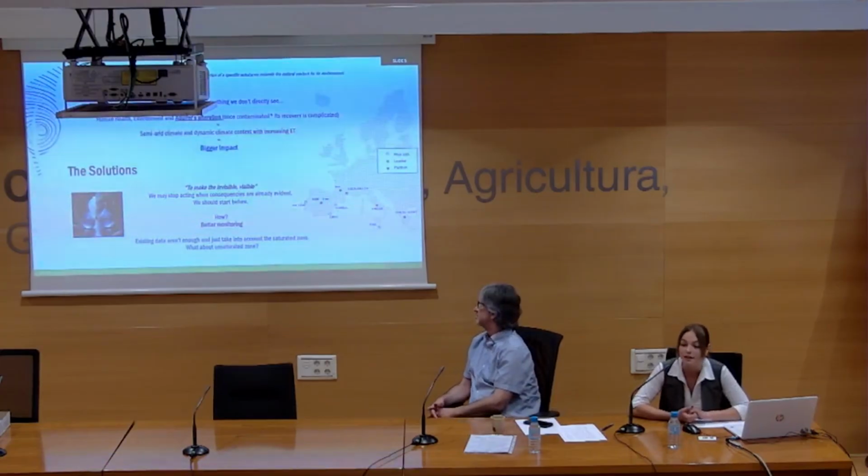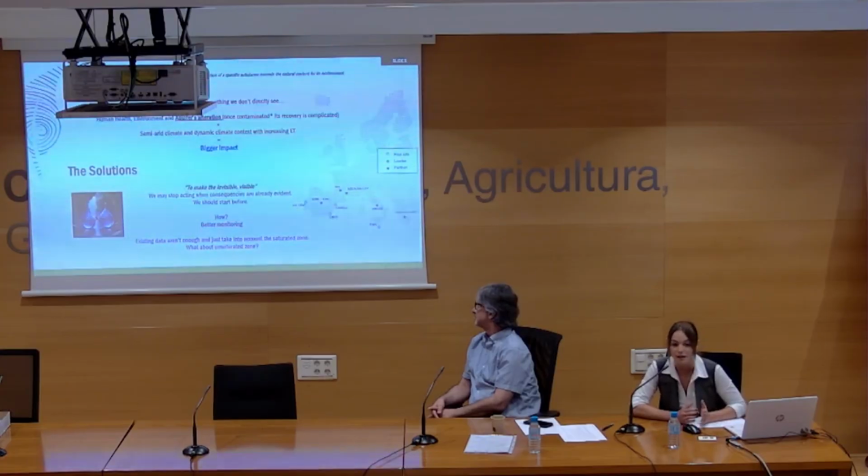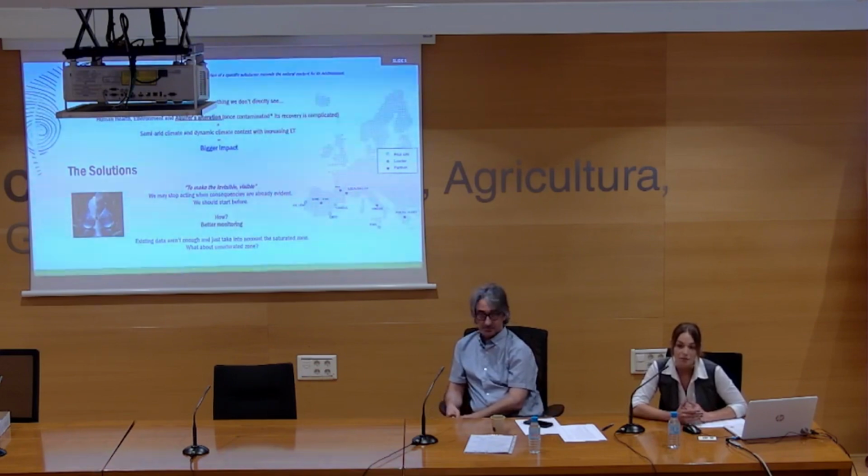So the main issue that we are addressing is that it's very complicated to assess and protect something that we cannot directly see. But what we can see are the direct consequences of that issue, such as human health or environmental alteration, like the phenomenon, for example, of eutrophication.